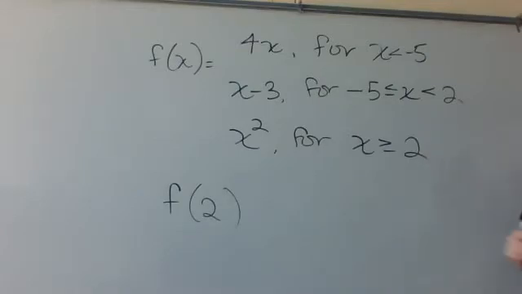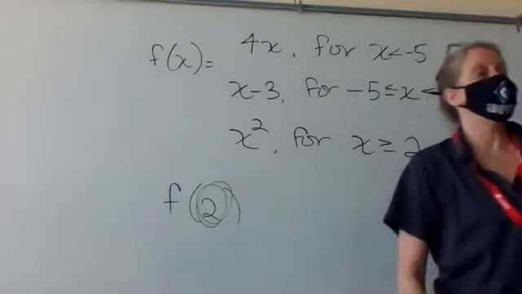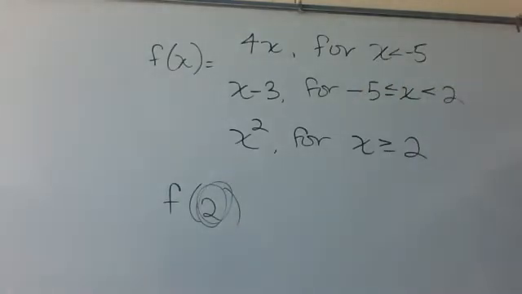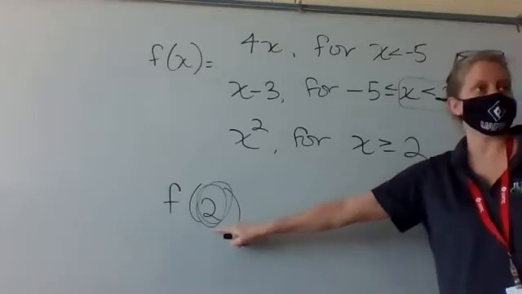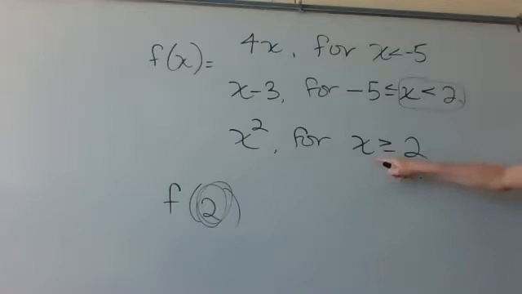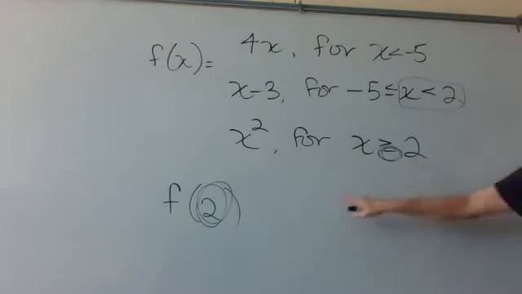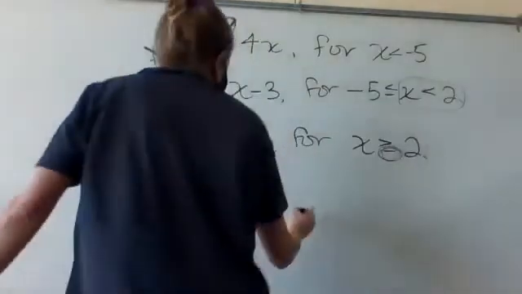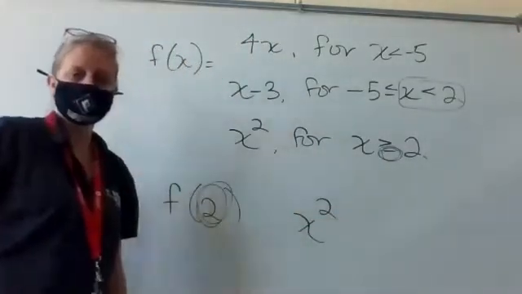Since I'm looking for 2, I need to find the one where it's going to equal 2. This piece says x is less than 2. Is 2 less than 2? No. Equal. This one says x is greater than or equal to 2. Which means 2 goes in this piece because that's where x equals 2. And what is that piece? X squared.